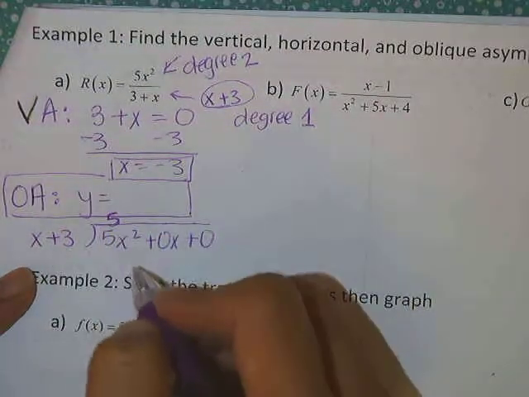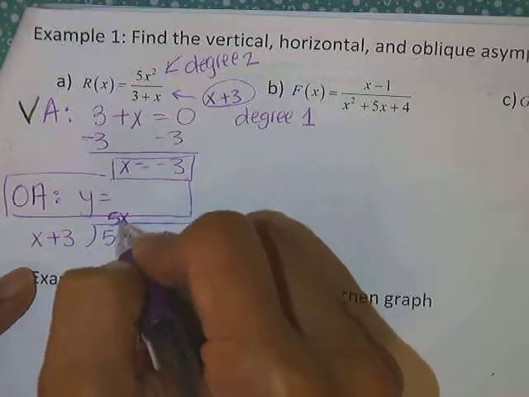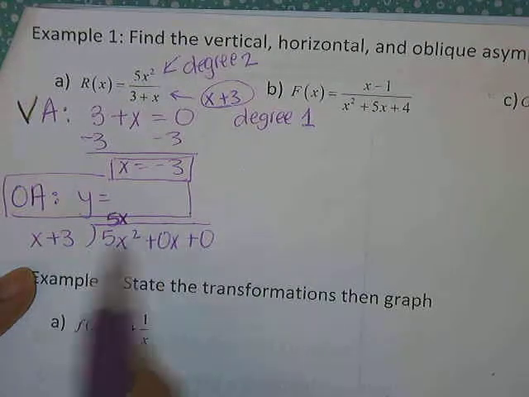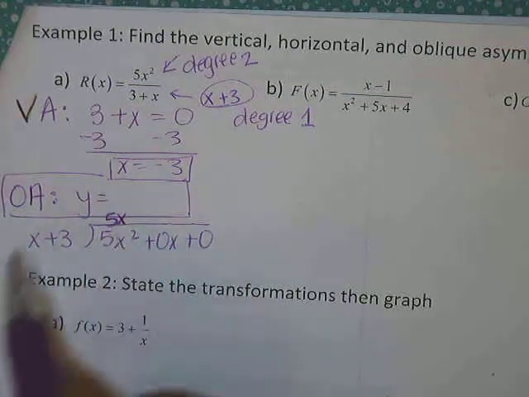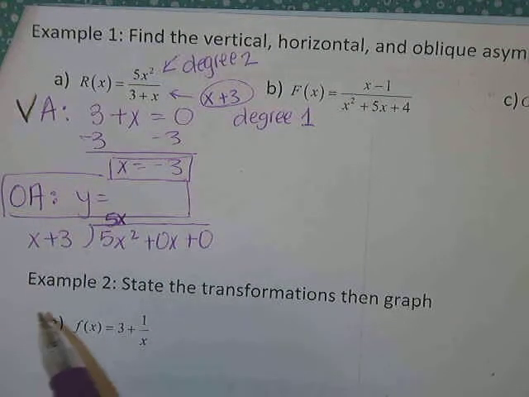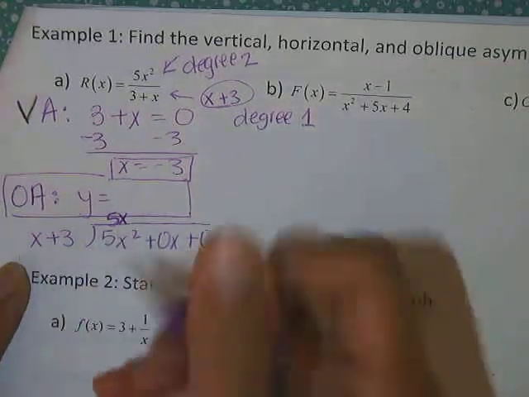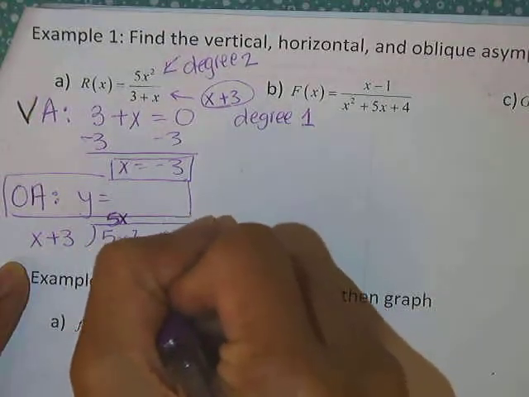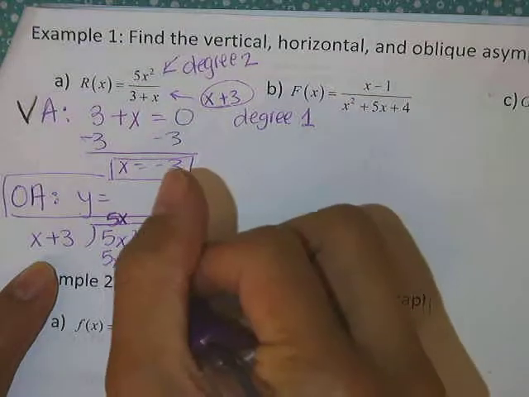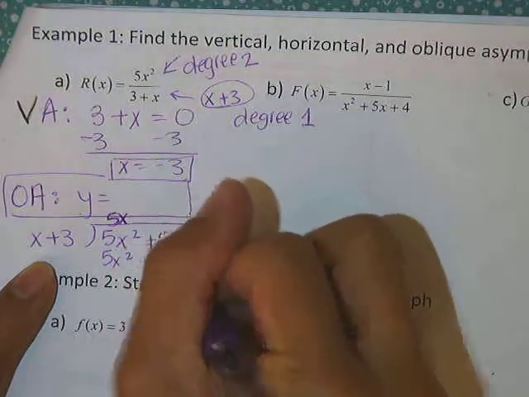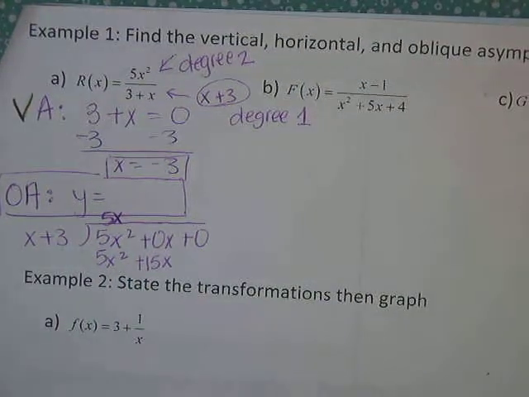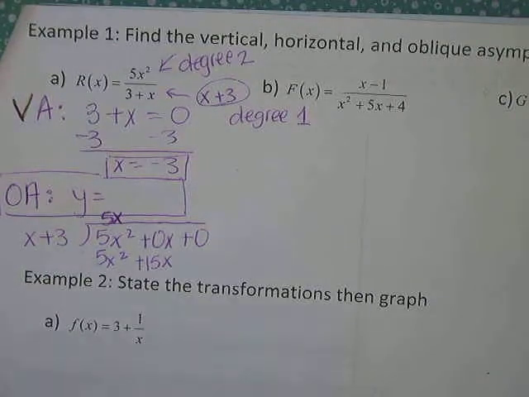So 5x squared divided by x is 5x. Multiply that back. 5x times x is 5x squared. 5x times 3 is a positive 15x.